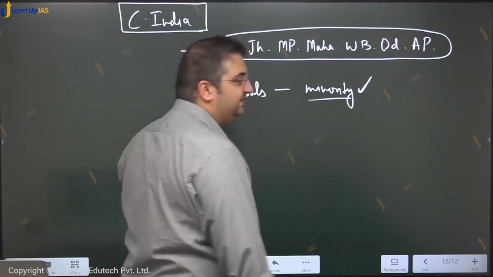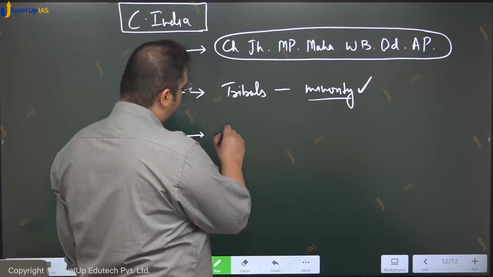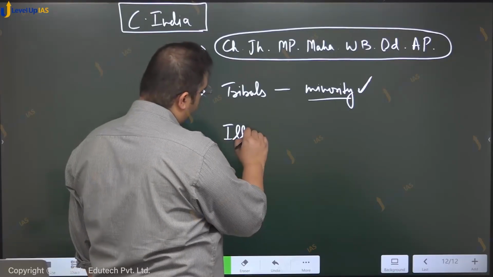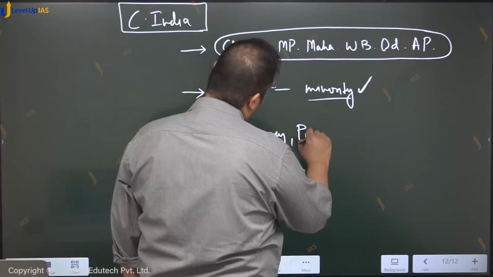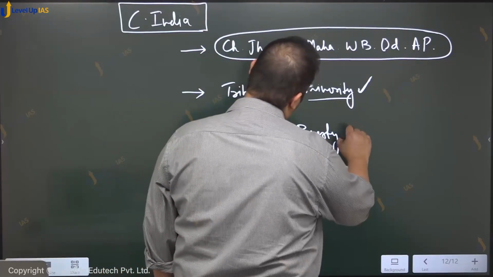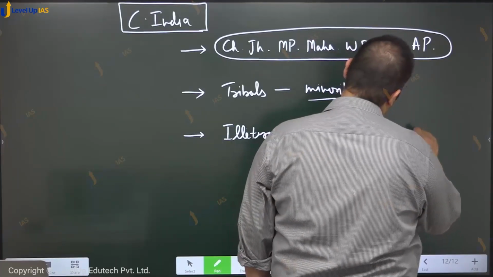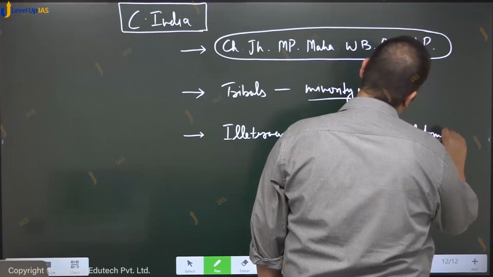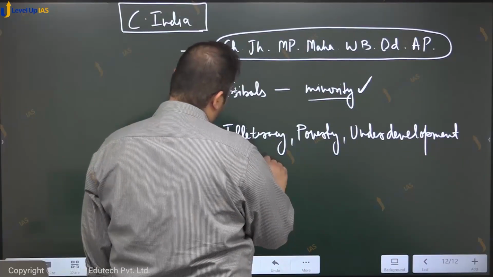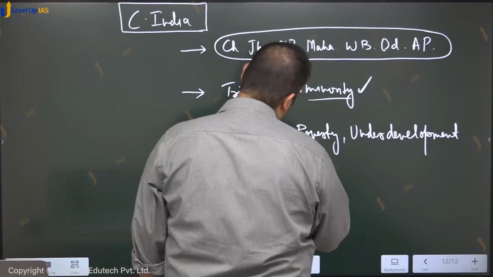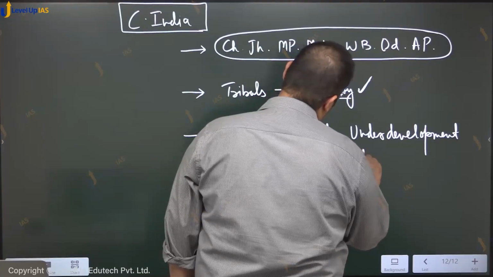Further, in central India, tribals also suffered from certain other disabilities, such as illiteracy, poverty, underdevelopment, and a low degree of political empowerment.